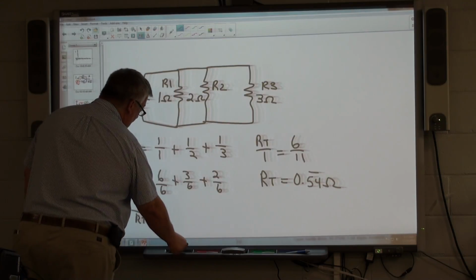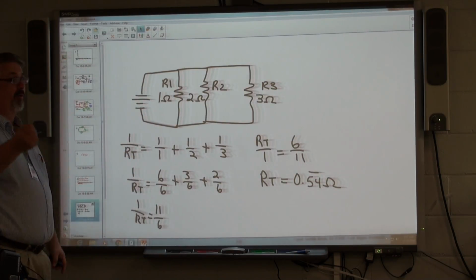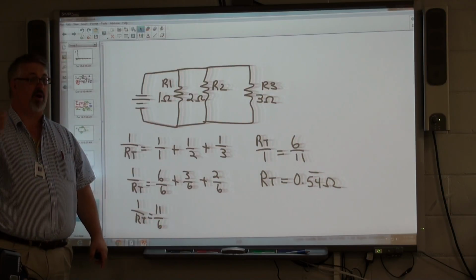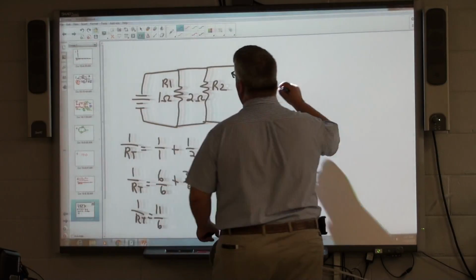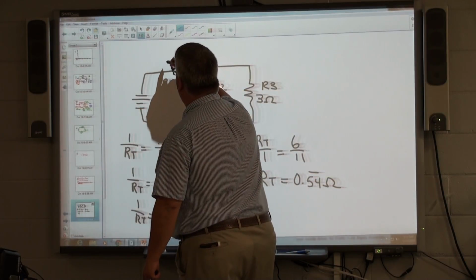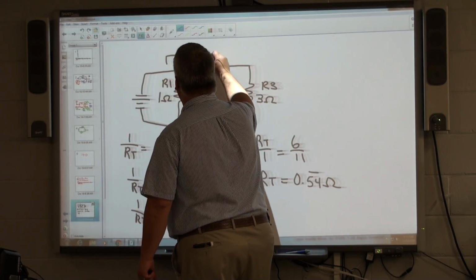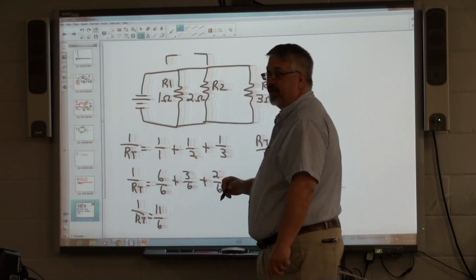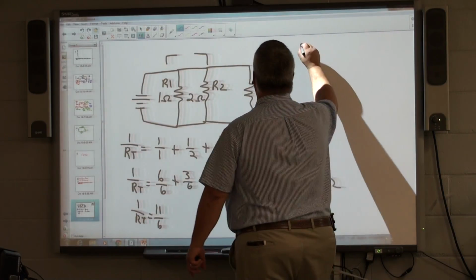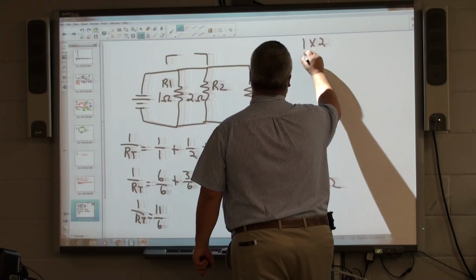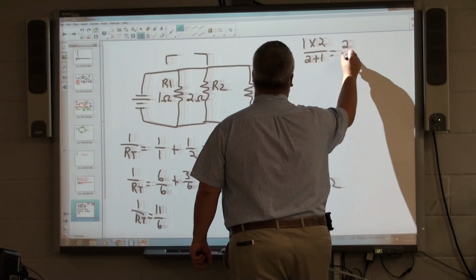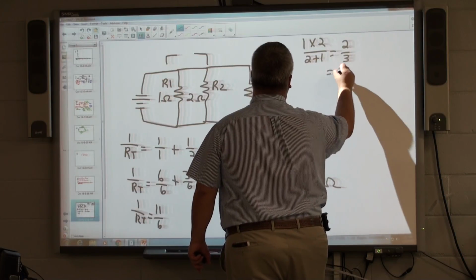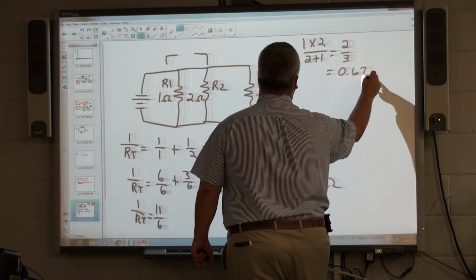Now, if we do the R1 times R2 over R1 plus R2, we have to do them 2 at a time. So I'm going to do R1 and R2 first, and we're going to get an equivalent value of those 2 in parallel. So if we say 1 times 2 over 2 plus 1, that gives us 2/3, which is really 0.67, right?